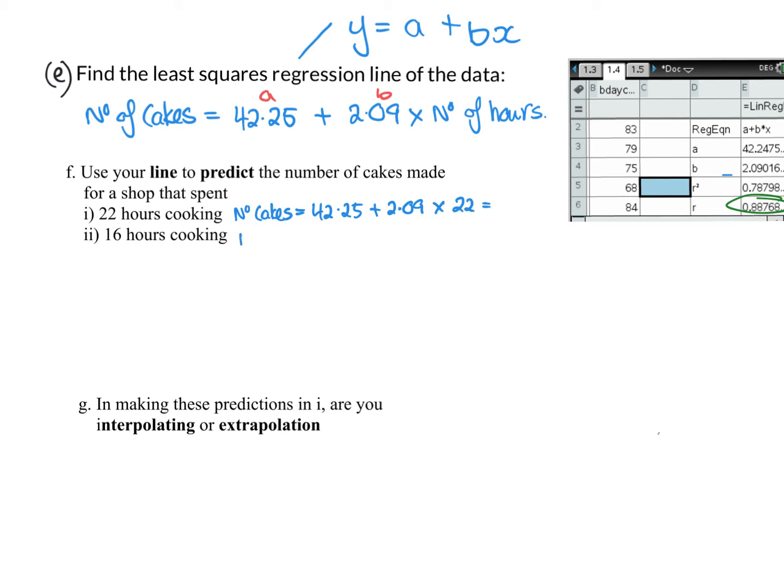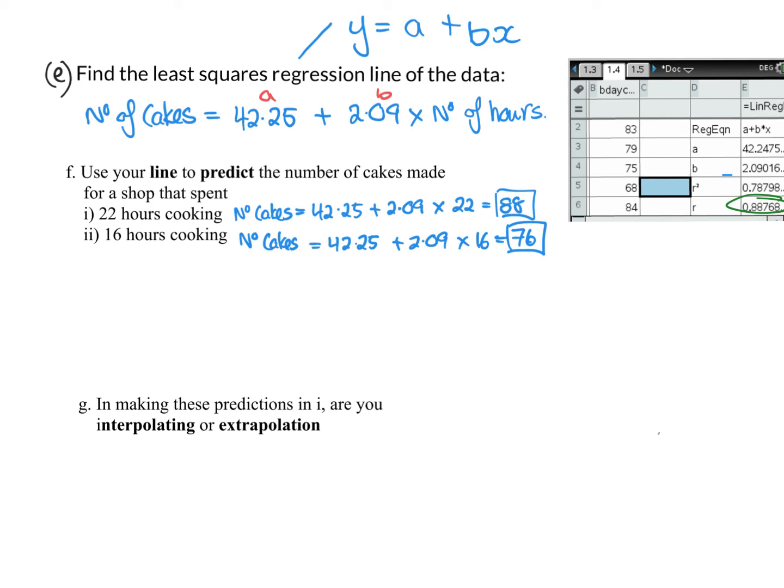And then for the number of cakes when it's 16 hours, we do the same thing, but we times it by 16. We're not going to have half a cake, so we'll round to a whole number. When I do this, I get 88 cakes for this one. And then when I do 16, I get 75.7, so I'm going to round to a whole number. So I'm going to say 76 cakes.